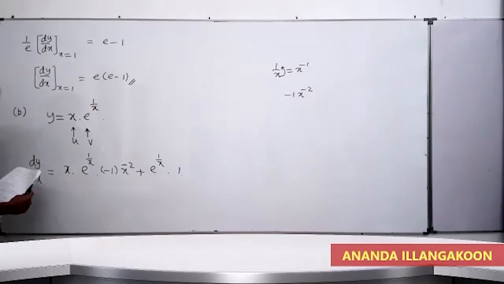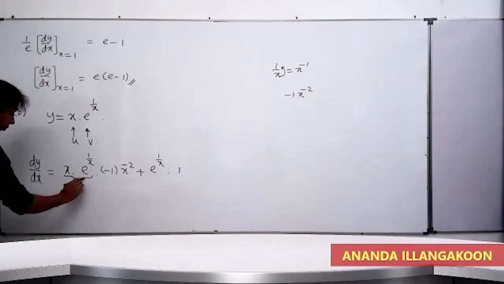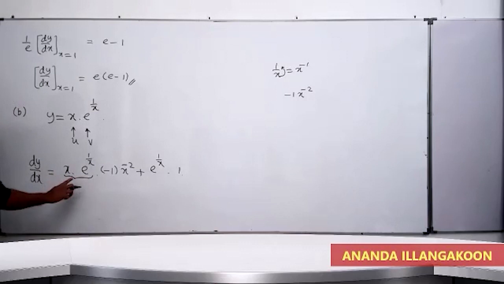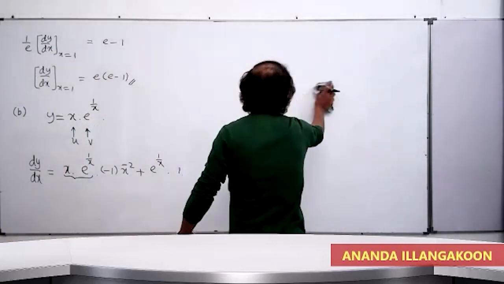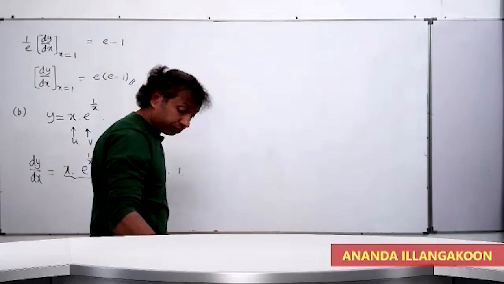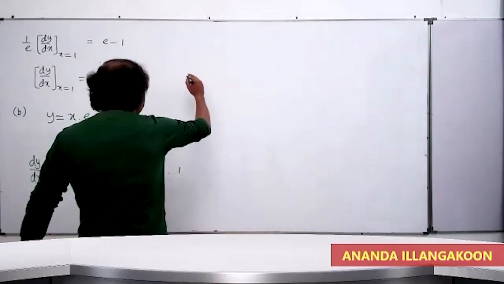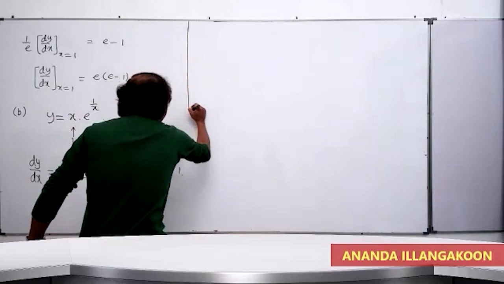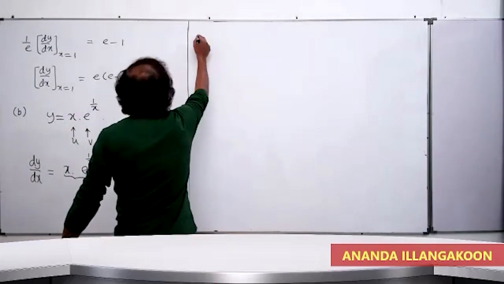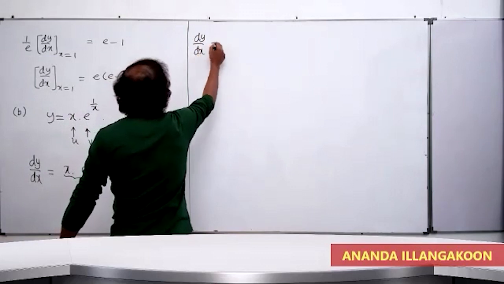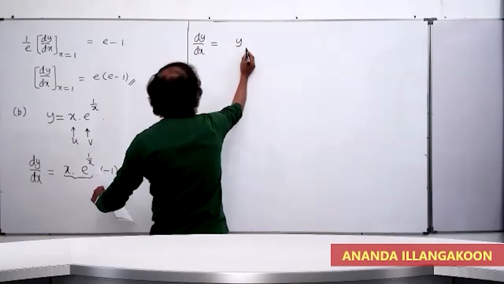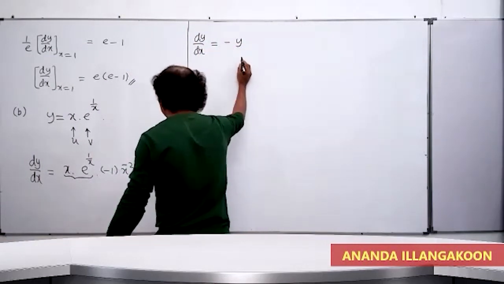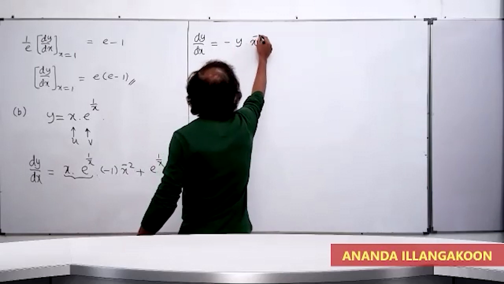Now, people, you can see x times e to the power 1 upon x. This is y. So dy by dx is equal to y, and here the minus sign with x to the power -2.